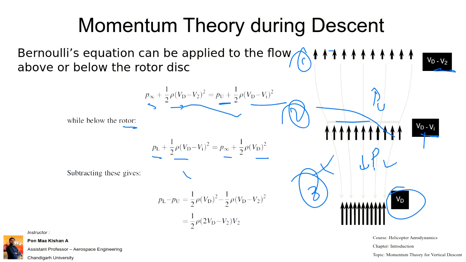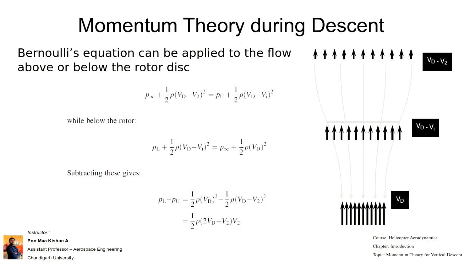Subtracting or substituting both equations, depending on how you want to calculate, we can finally identify delta P. Delta P is nothing but PL minus PU. Substitute this delta P in the previous thrust equation.